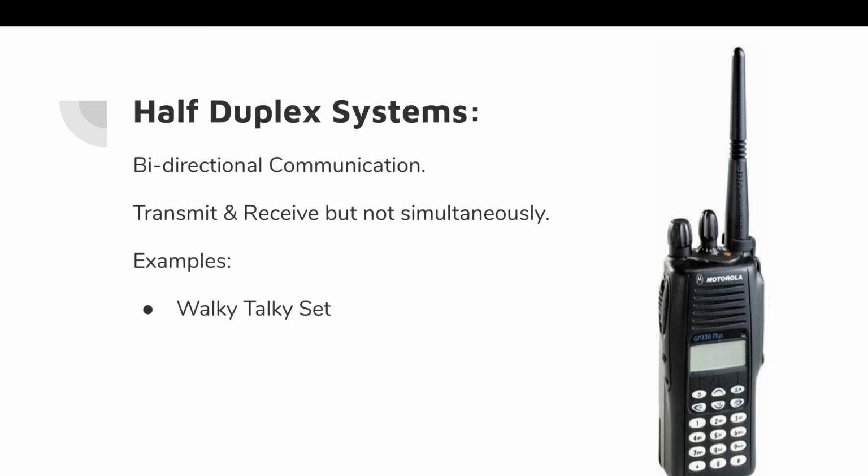Similarly, when the person is sending a signal to you, you have to wait to receive that signal. There is no way you can send and receive a signal at the same time. That's why the walkie talkie is the best example of a half duplex system.